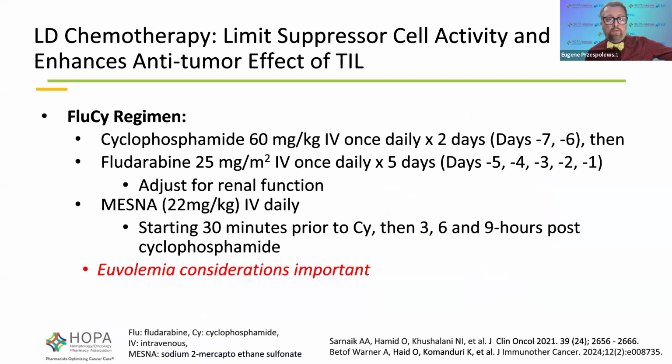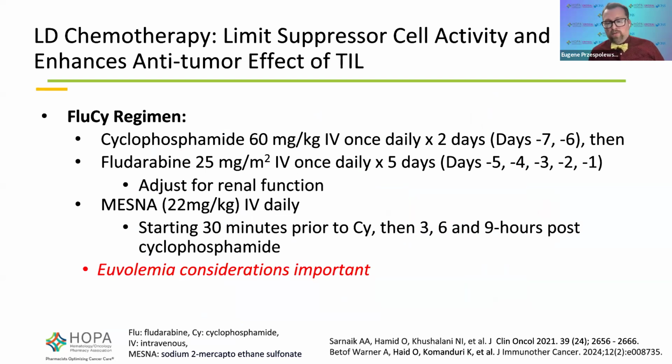So our lymphodepleting regimen of choice in the trial was Flu/Cy. And I think everyone's familiar with this from CAR therapies. However, I do want to point out a few things here. First and foremost, the doses and the frequencies do change ever so slightly between products. And in particular, the cyclophosphamide is based on a milligram per kilogram basis in the trial.